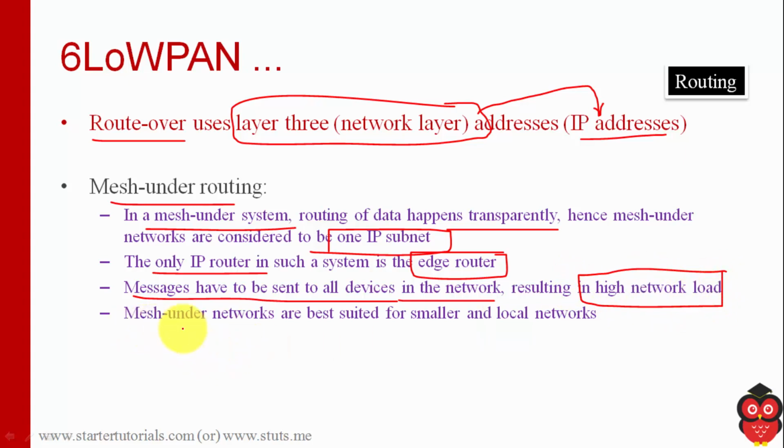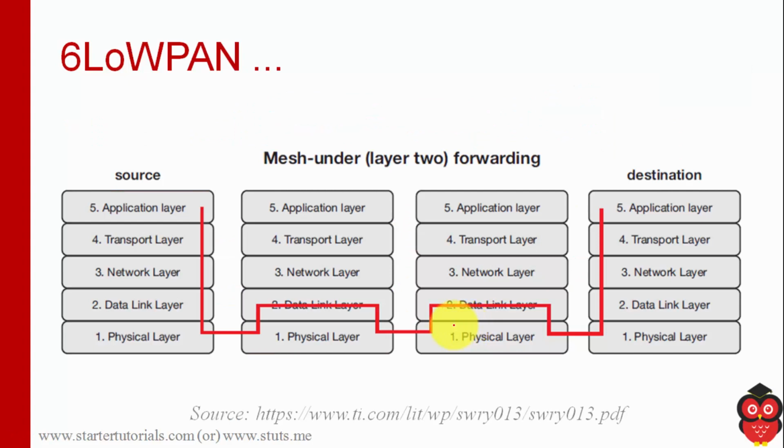So the scenario or application where you can use mesh under networks is they are best suitable for smaller and local networks. As I already told you just now, think of mesh under routing as LAN routing. LAN means local networks. Okay, so this is mesh under routing.